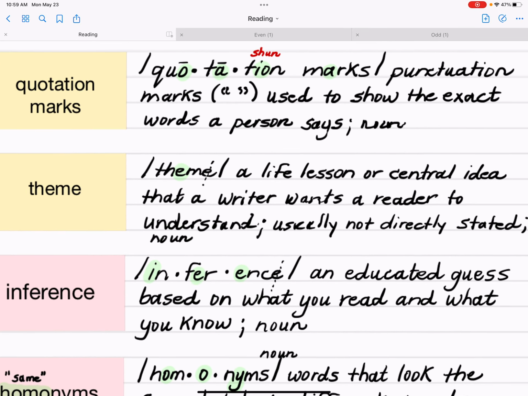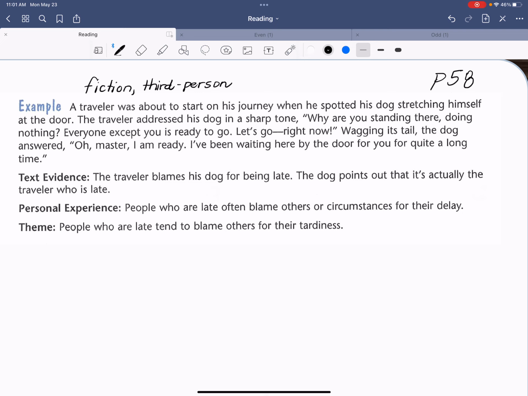Third person means someone is telling the story. Now, the dog slips into a little bit of first person, referring to himself as I. But the overall story is a story from afar.